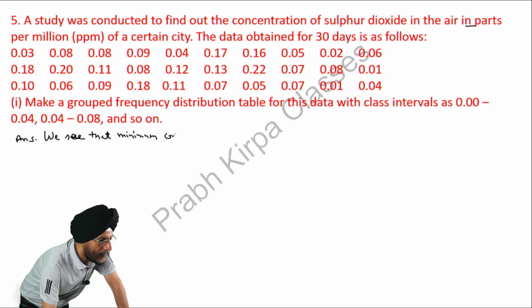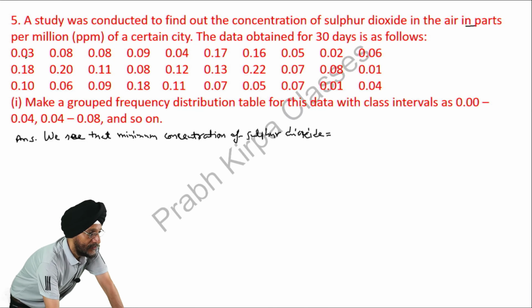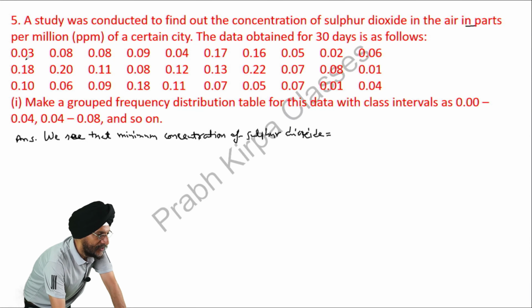We will first find the minimum concentration of sulfur dioxide. Here it is written as 0.03.